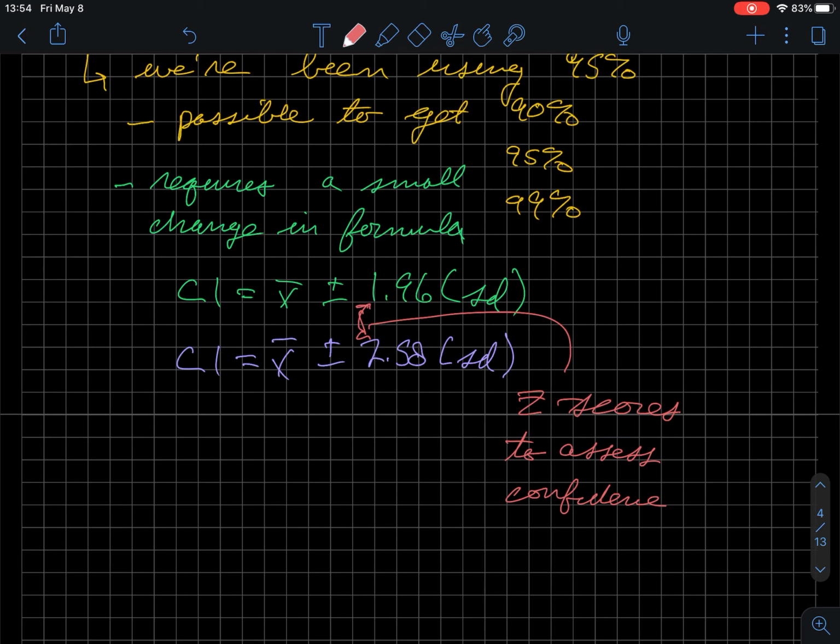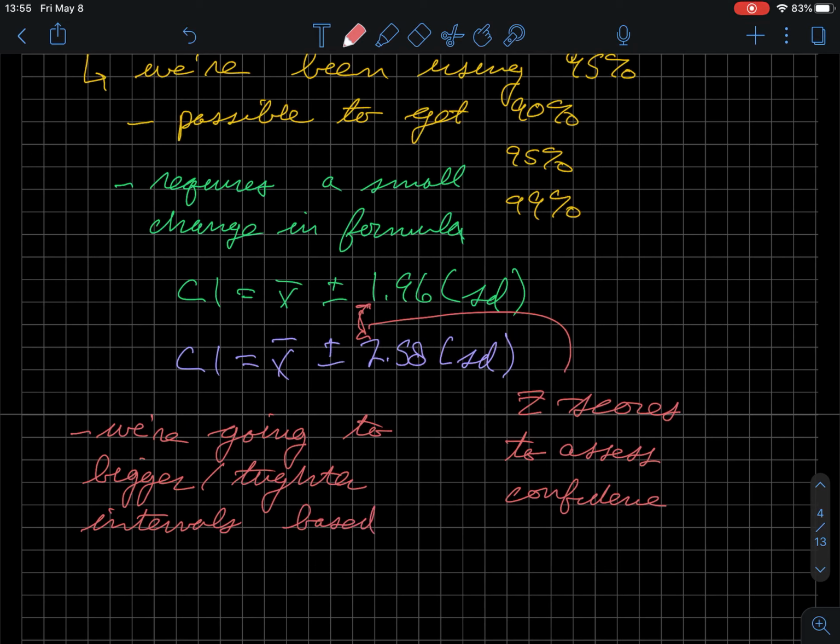Depending on which one we use, we're going to get either bigger or tighter intervals, depending on the number that we use based on the z-score.